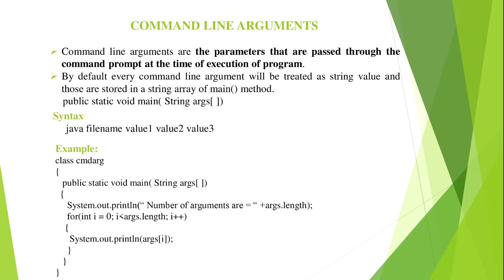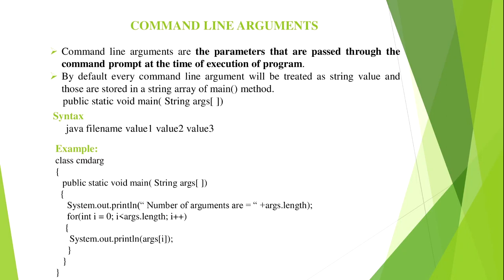In the following example, you see, I take the cmdarg1 class. In that class, I have written the main function. The first statement is System.out.println("Number of arguments are " + args.length). What does this args.length do here?